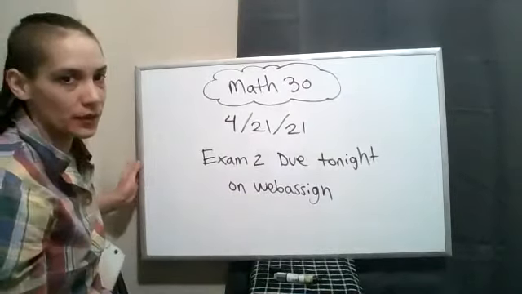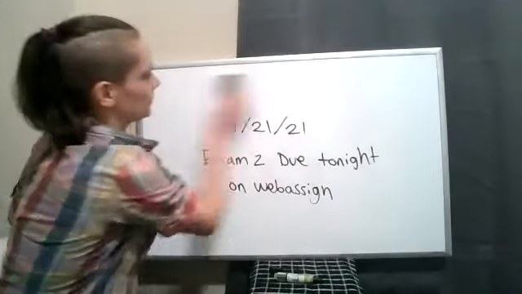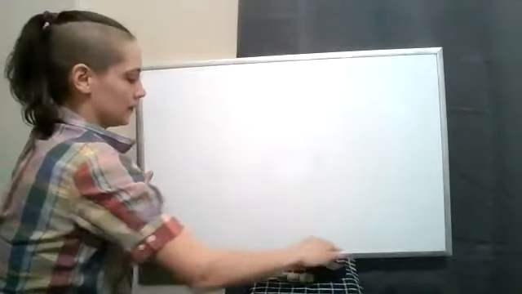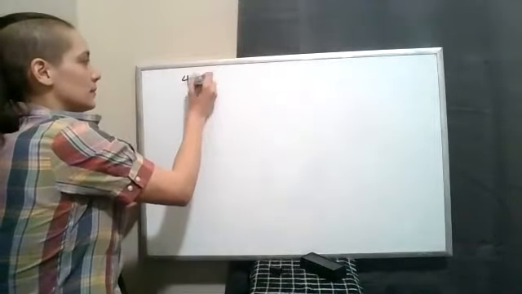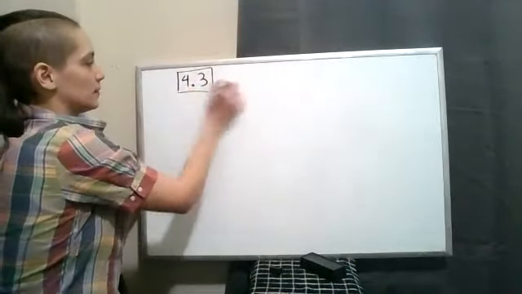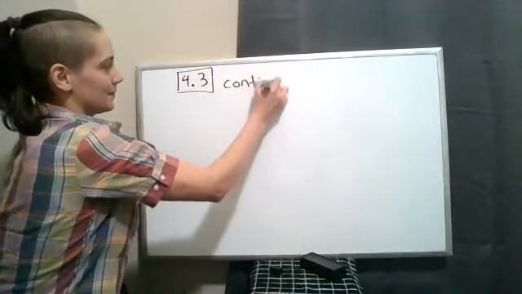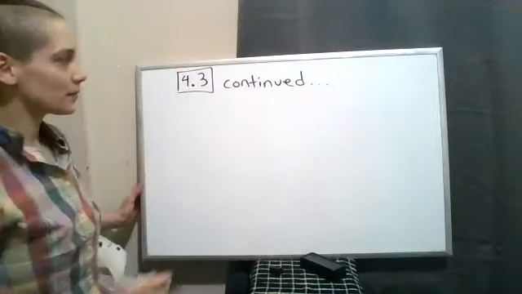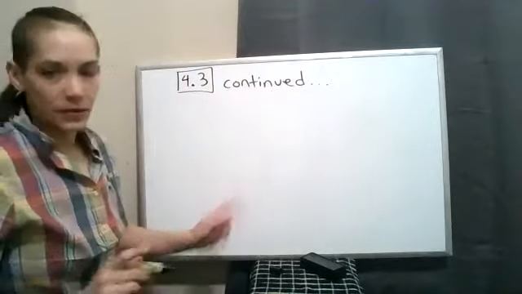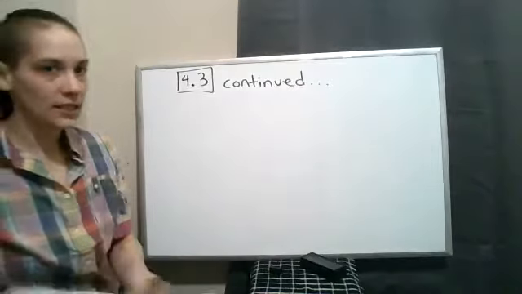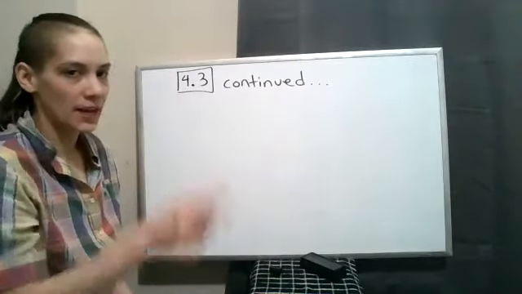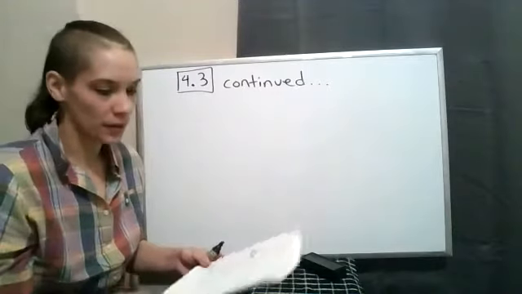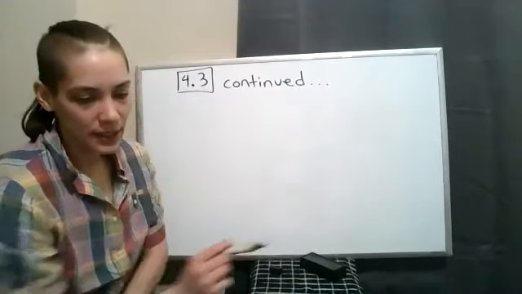So we're working on 4.3. I went through steps for finding increasing and decreasing, and also from there you can get your maxes and mins. And now we want to go through an example or two examples.